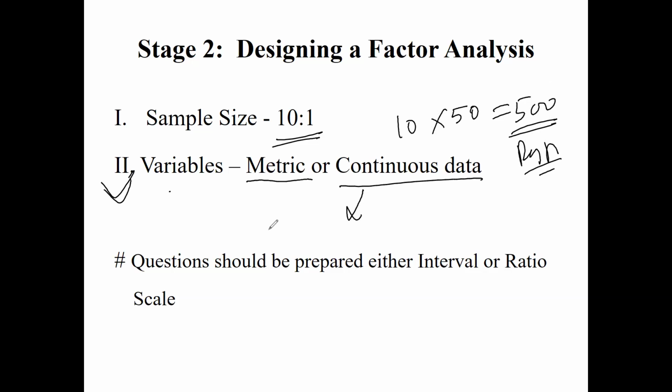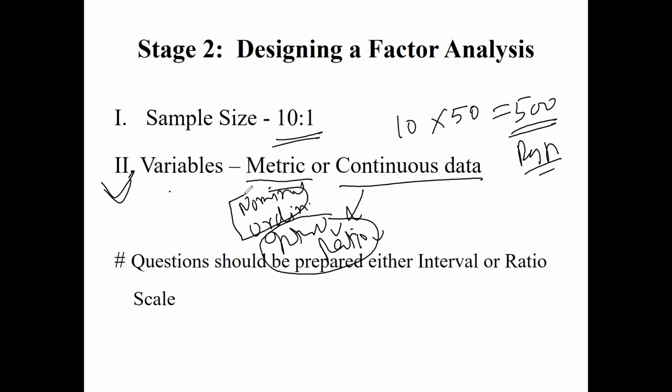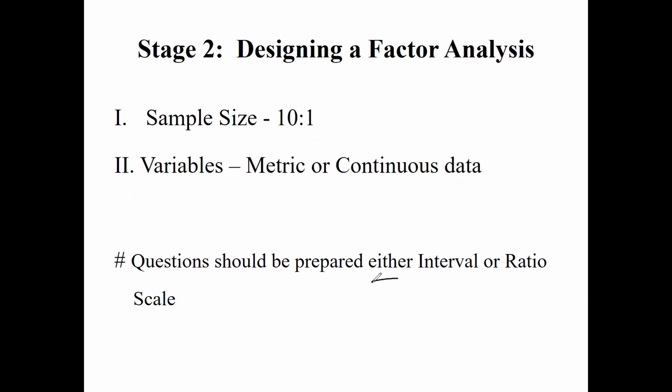Continuous data means there are 4 types of scales you can prepare: nominal scale, ordinal scale, interval scale, and ratio scale. So the desirable ones are interval and ratio scale. We cannot perform exploratory factor analysis using nominal data. So all the questions should be prepared on either interval or ratio scale, then you can perform it.